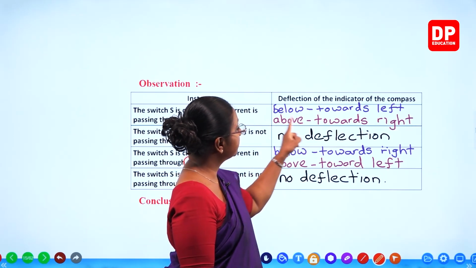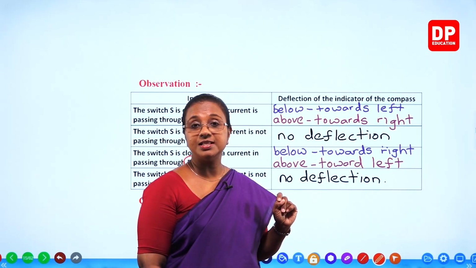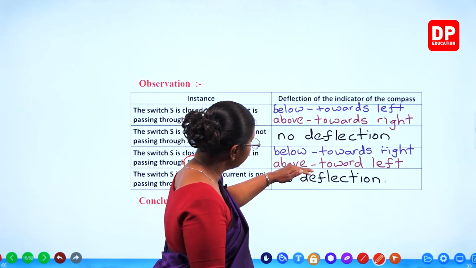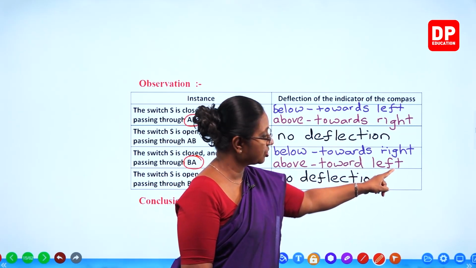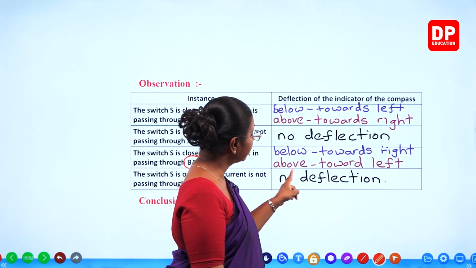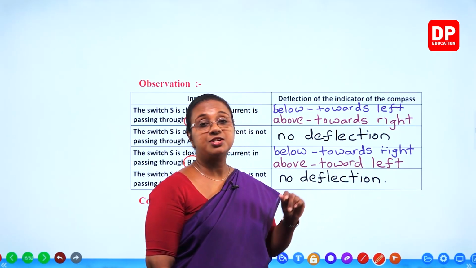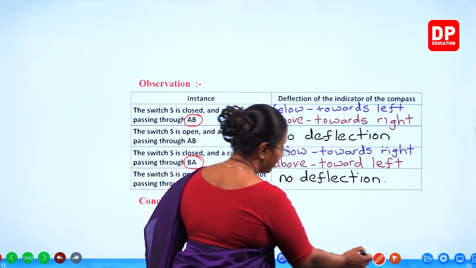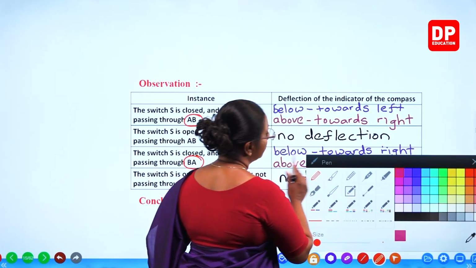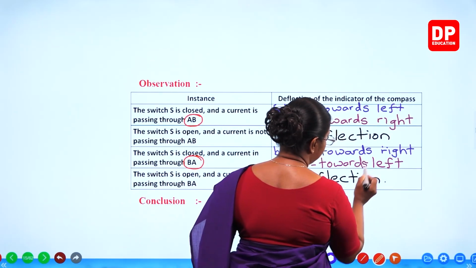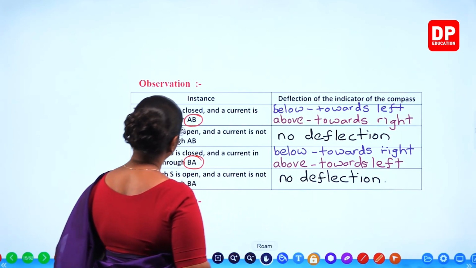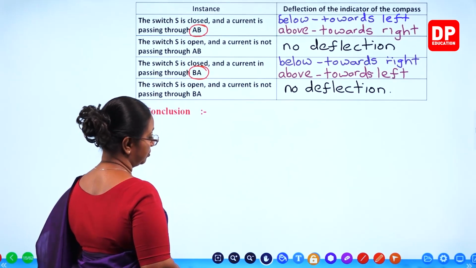When the compass is above, the deflection is towards the right. The same way here also it changes. Here when the compass is below, the deflection is towards the right. But when the compass is above, the deflection is towards left. So that is how the deflection changes. So from this, we can get a few conclusions.